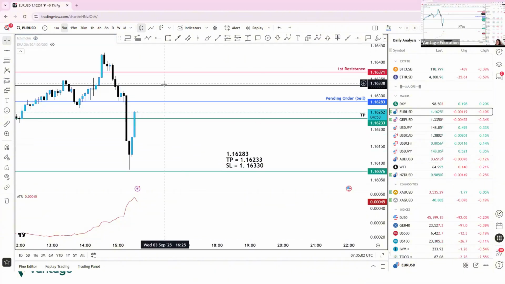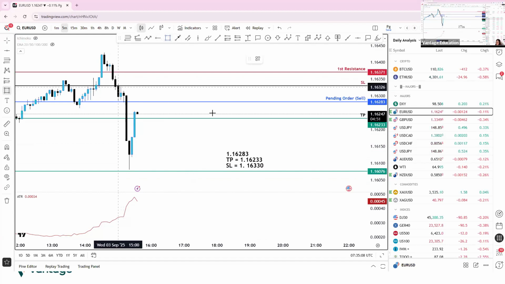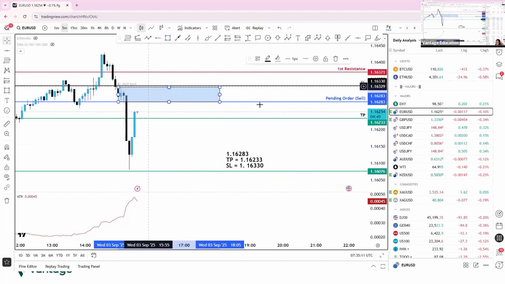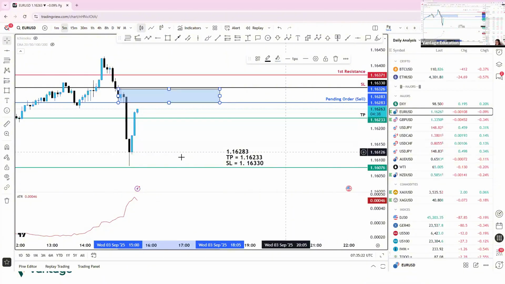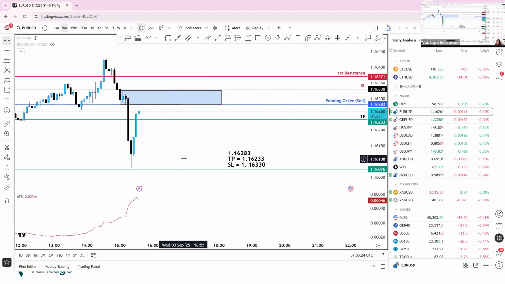I would say my SL is maybe too tight because price could go all the way to the zone, so you can adjust the stop loss to 1.5 ATR or 2 ATR, and the take profit you can take at 2 ATR as well. Just for example now, let's say I'm going to wait to sell the EURUSD. Okay, let's see.